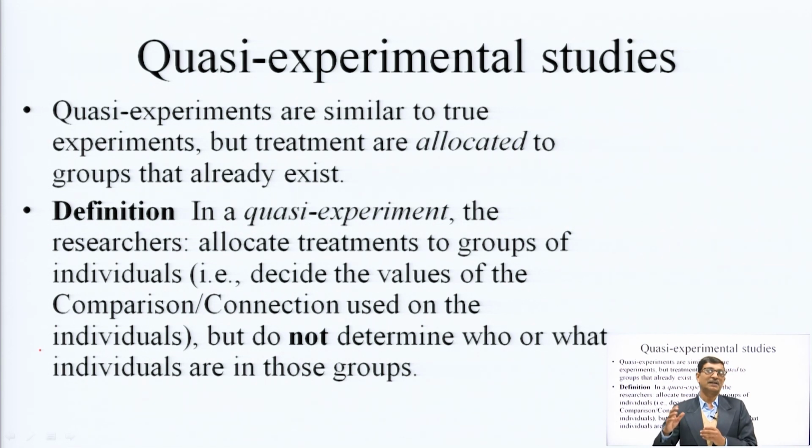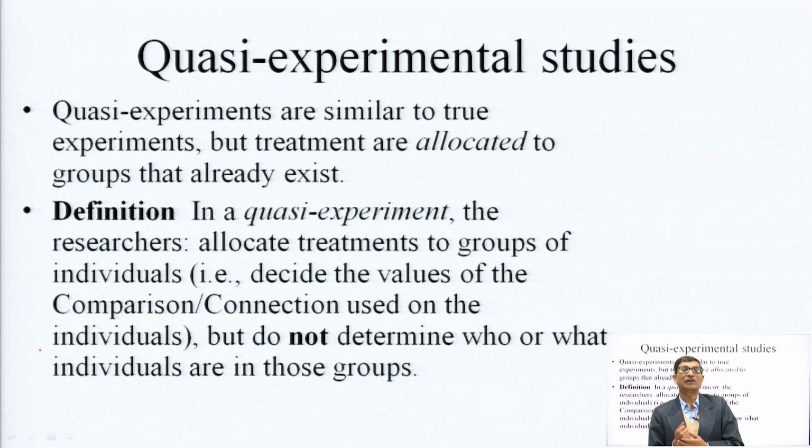But in a quasi experimental study we already have two groups, and the investigator decides for which group to give treatment and for which to not give any treatment, the control.